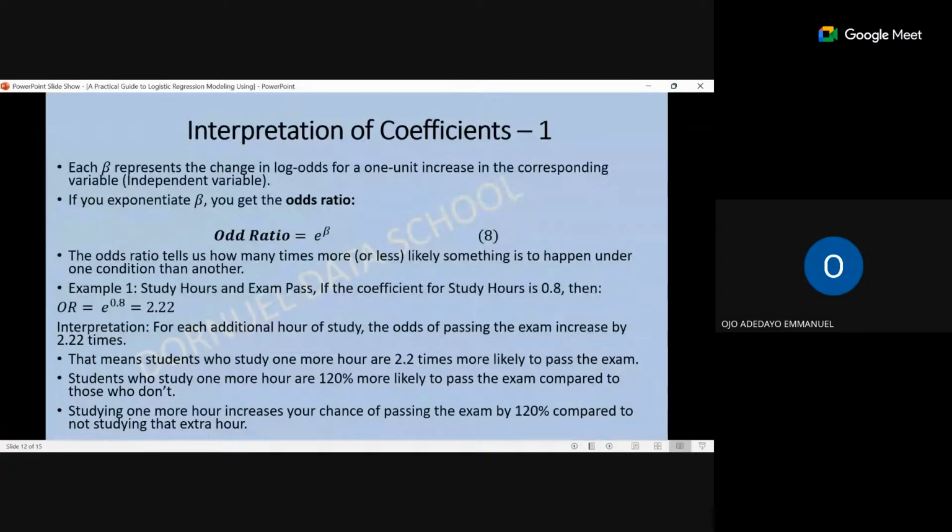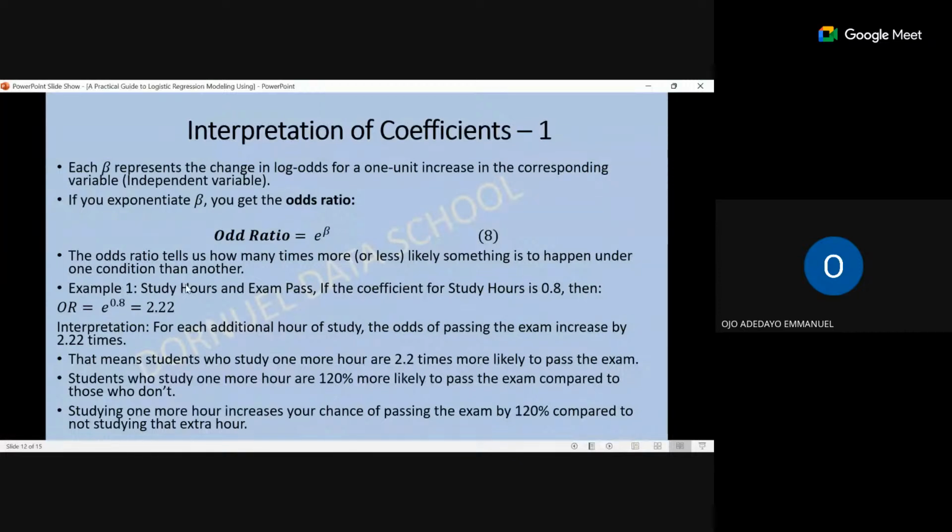That extra 1 hour of effort that a student puts into his or her study gave he or she an additional 120% likelihood. Don't let me use chance, because if I'm using chance, I'm talking about probability, and probability cannot be greater than 1. So more likely to pass the exam. So that is example 1.